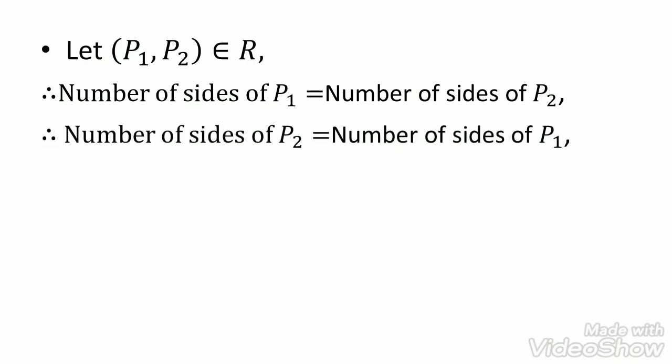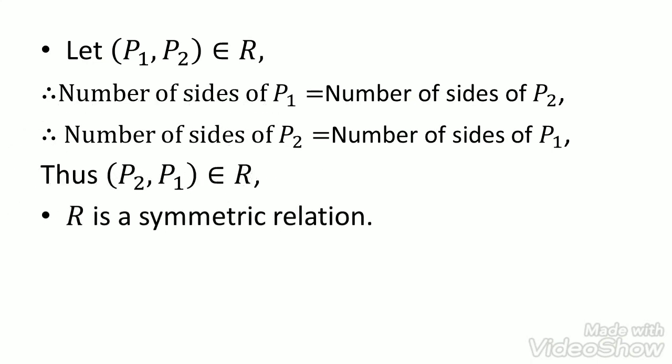We can write it in this way also: the number of sides of P2 is equal to the number of sides of P1, and that will mean that (P2, P1) belongs to R. If P1 is related to P2 then P2 is also related to P1, hence R must be a symmetric relation.